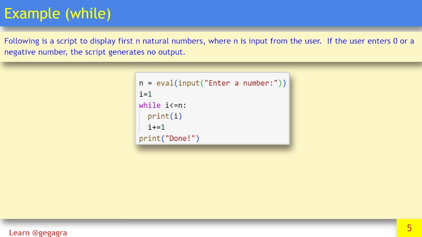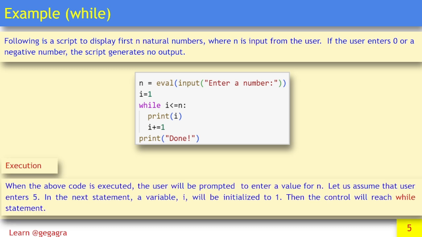And here if you look at this dull line or grayish line, it shows the program is indented. Okay, so this is how we can see the execution of this code. When the above code is executed, the user will be prompted to enter the value of n. Let's assume the value is 5. In the next statement, a variable i is initialized to 1.